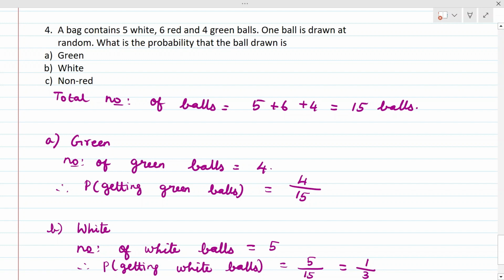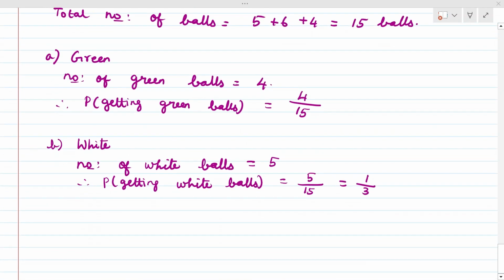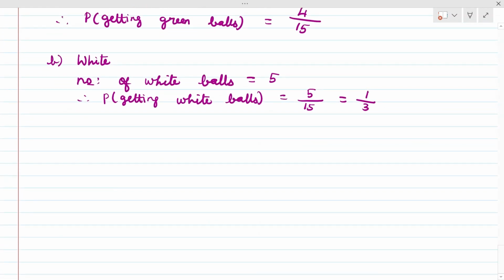You cannot keep it like 5 by 15. Take it to the minimum, so it becomes 1 by 3. In subdivisions A and B, green and white, there is not much difference. The difference will come only in the non-red. Now I will explain this. So subdivision C: non-red.